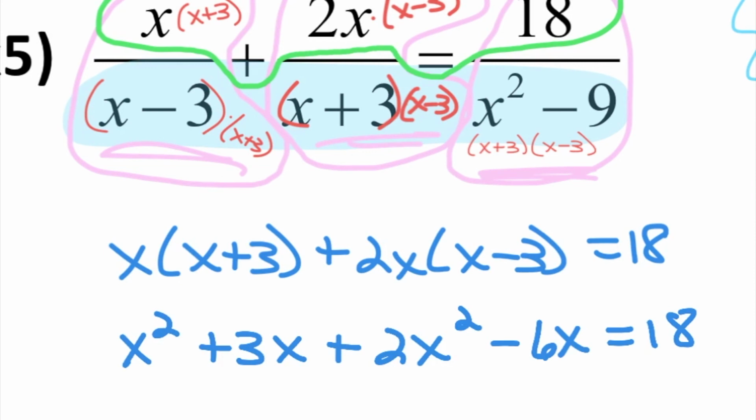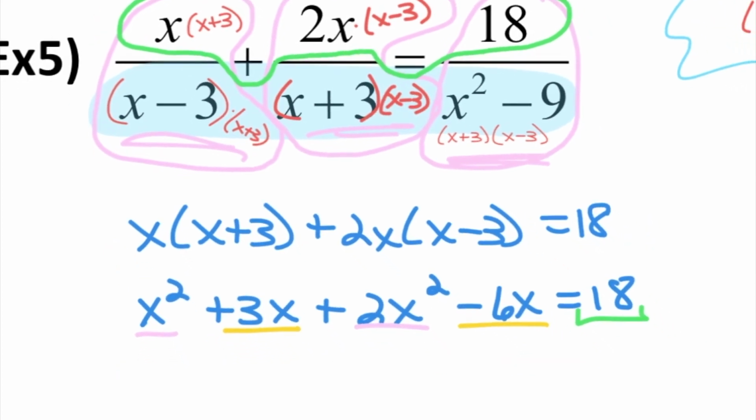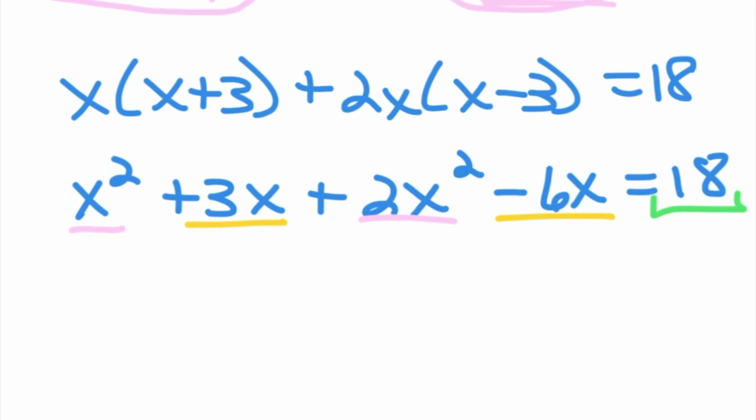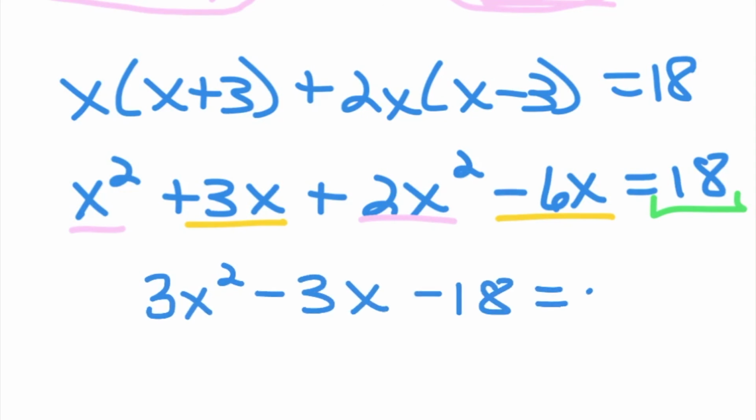And now I'm going to both simplify by combining like terms, and I'm also going to bring the 18 over to the left in order to have the whole equation set equal to 0. So when I do that, I end up here with 3x squared and then minus 3x and then minus 18 equals 0.